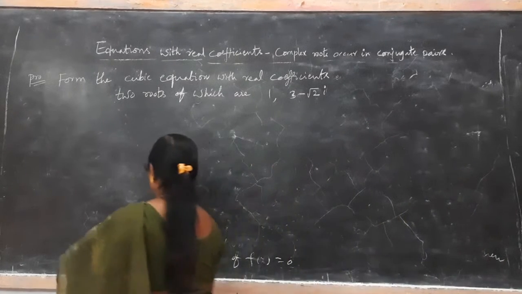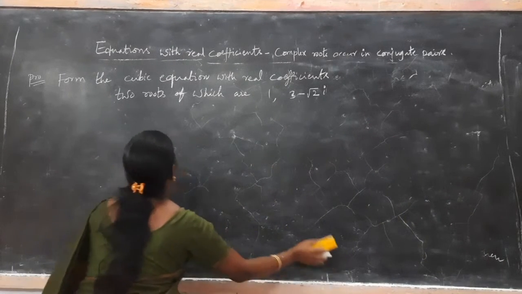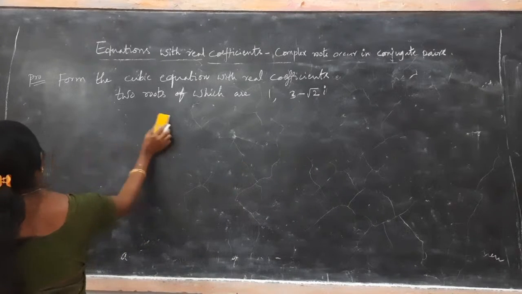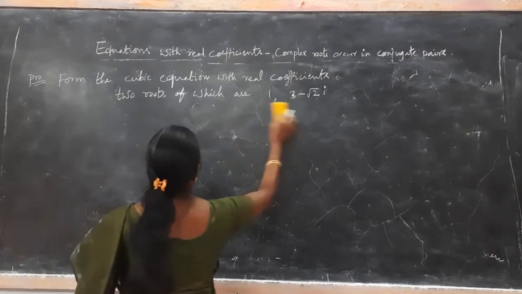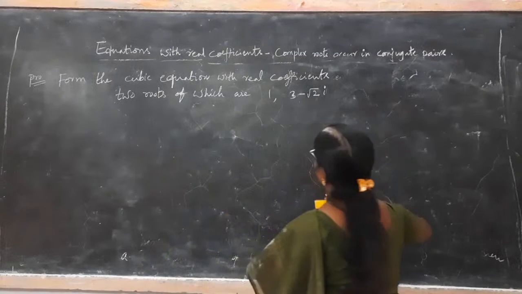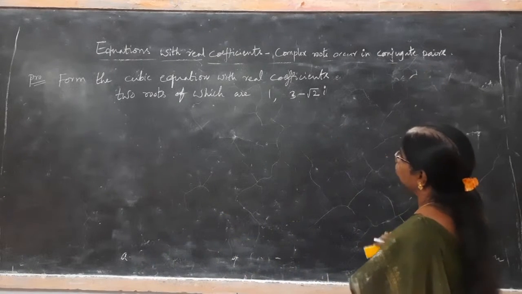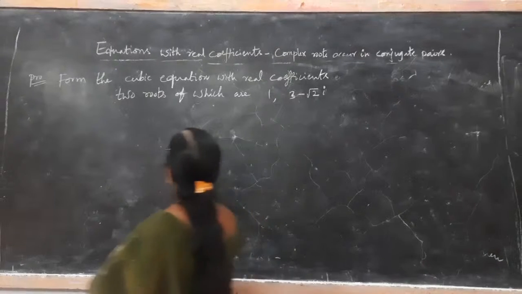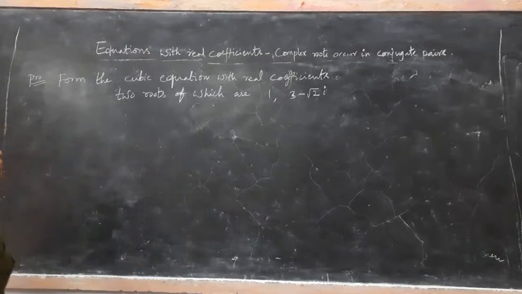See the problem I am writing here. Form the cubic equation with the real coefficients. Two roots of which are 1, 3 minus root 2i.